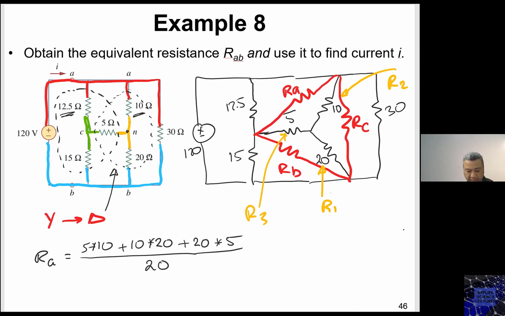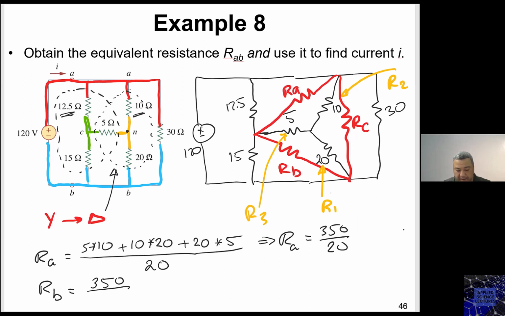What about RB? RB is the same. So here I have 50 plus 200 plus 100, as 350 divided by 20. Sorry, RB is not 20. This one, RA, is 350 divided by 20.